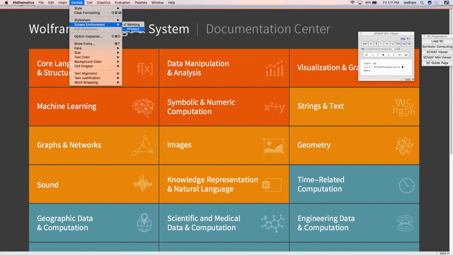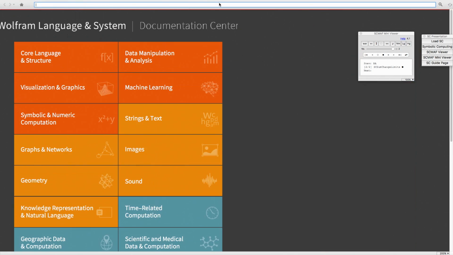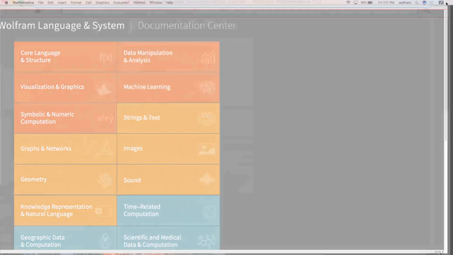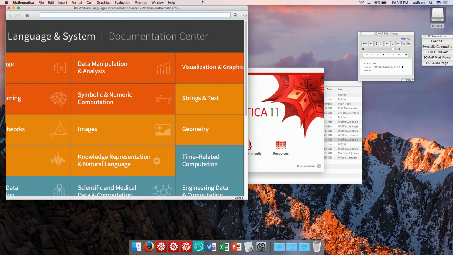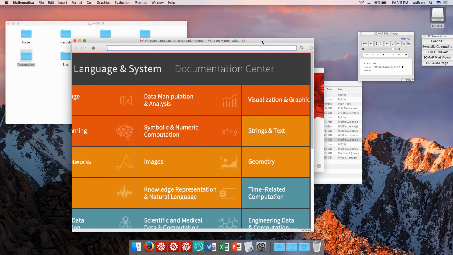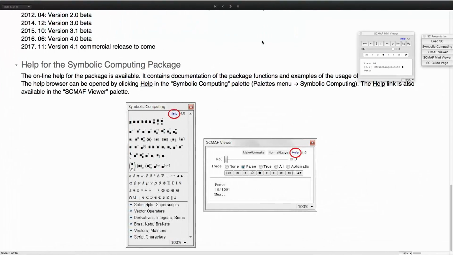Yeah, on the right. I see. Where is it? I see.